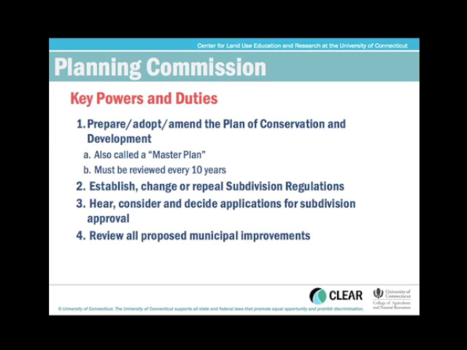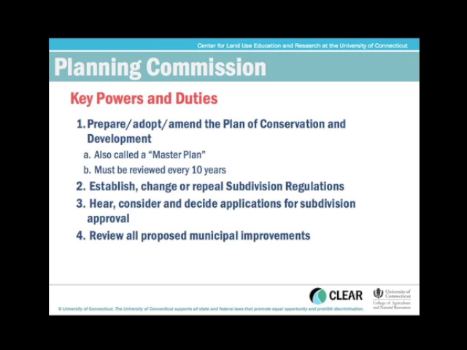Another power that municipalities have, which we won't talk about so much in this session, but just to make you aware of, is that they are allowed to review all proposed municipal improvements, and these are generally capital expenditures. So new roadways, new schools, any sort of large municipal improvement.